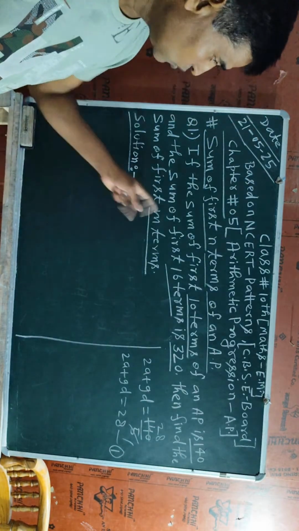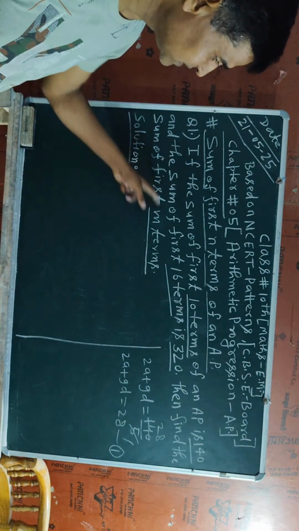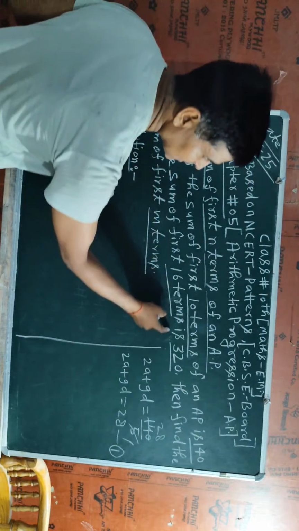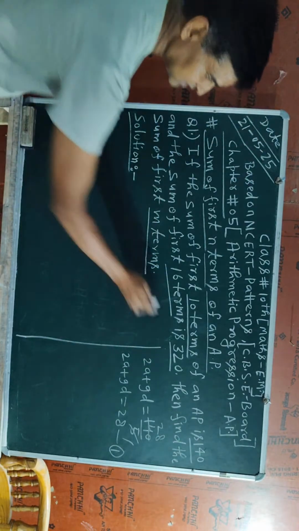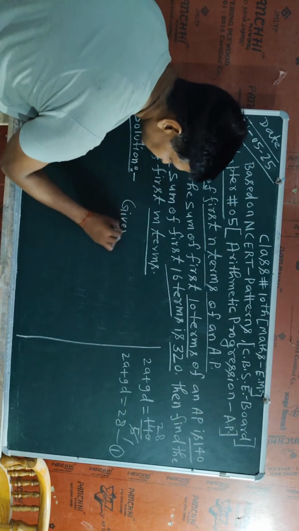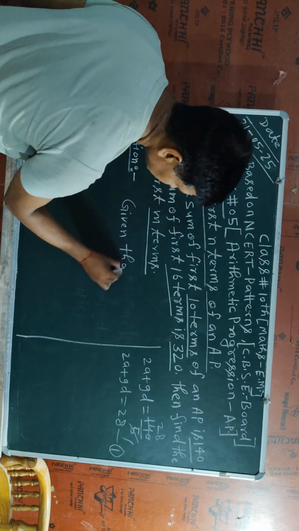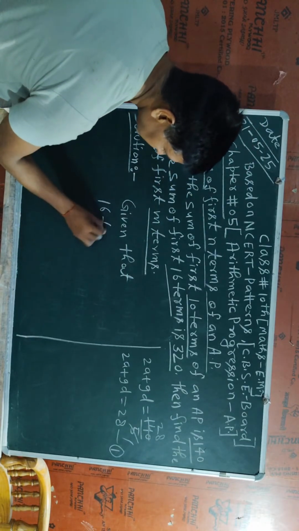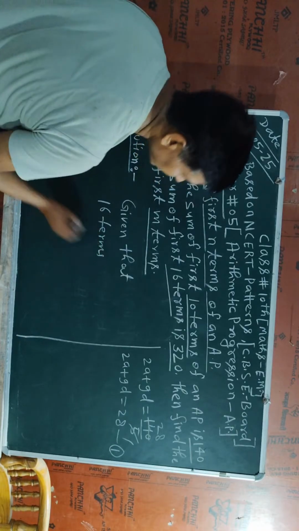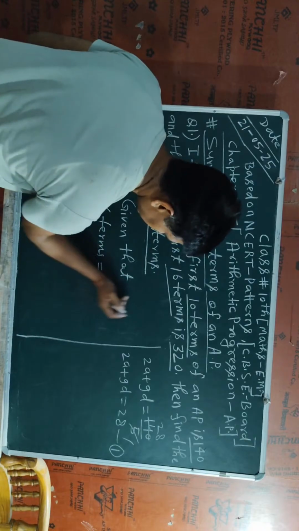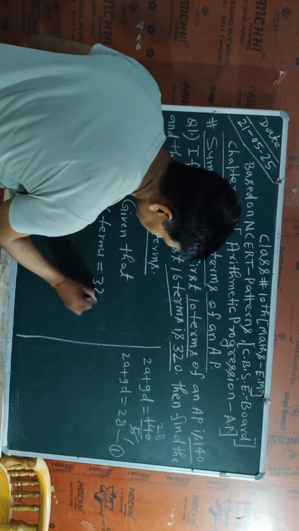Okay students, now you concentrate, next information I am going to read. And the sum of first 16 terms is this. So here I write again, the given information is that we have to get 16 terms of an AP series, which is given here as 320.